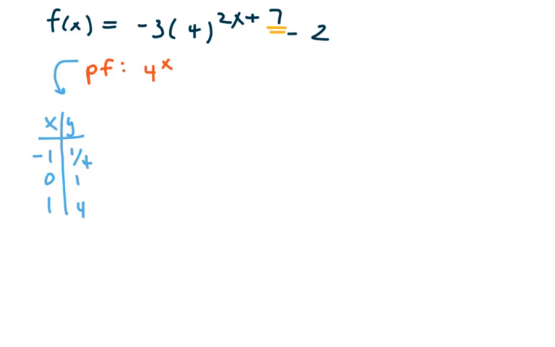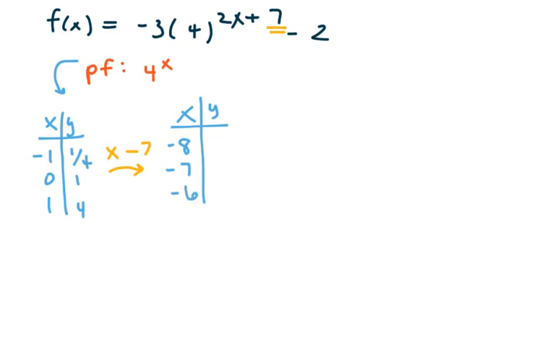But remember, not only do we do it in the opposite order, we do the opposite operation for horizontal. Everything's opposite for horizontal. So it says +7. That means we're going to subtract 7 from all of our x's. And when we do that, -1 minus 7 is -8. 0 minus 7 is -7. 1 minus 7 is -6.